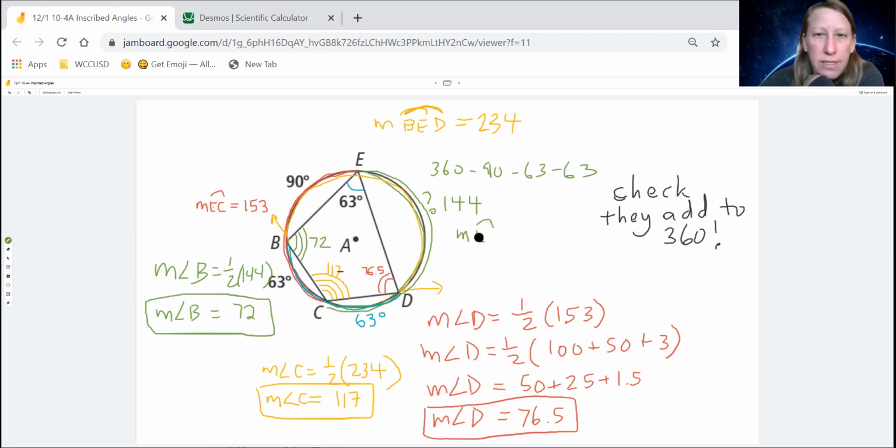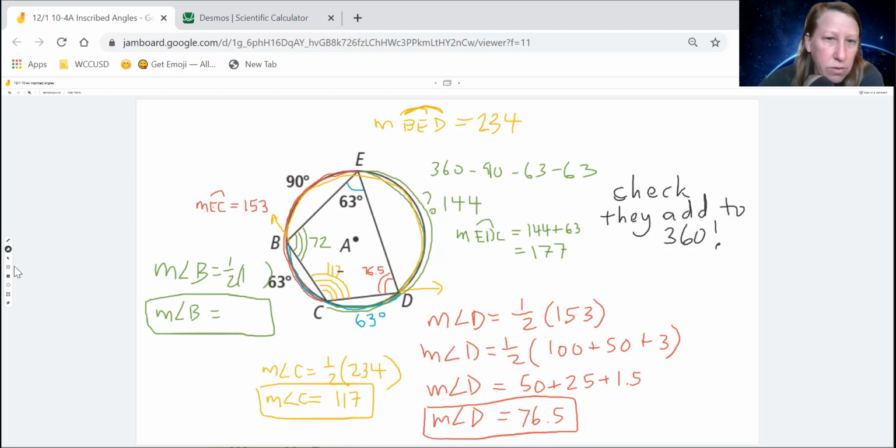The measure of arc EDC is the 144 that I found plus the 63 that I forgot about. All right, this will fix everything. 144 and 63 is 177. Okay, that's a really good thing because that's going to give me my other 0.5 that I was missing.